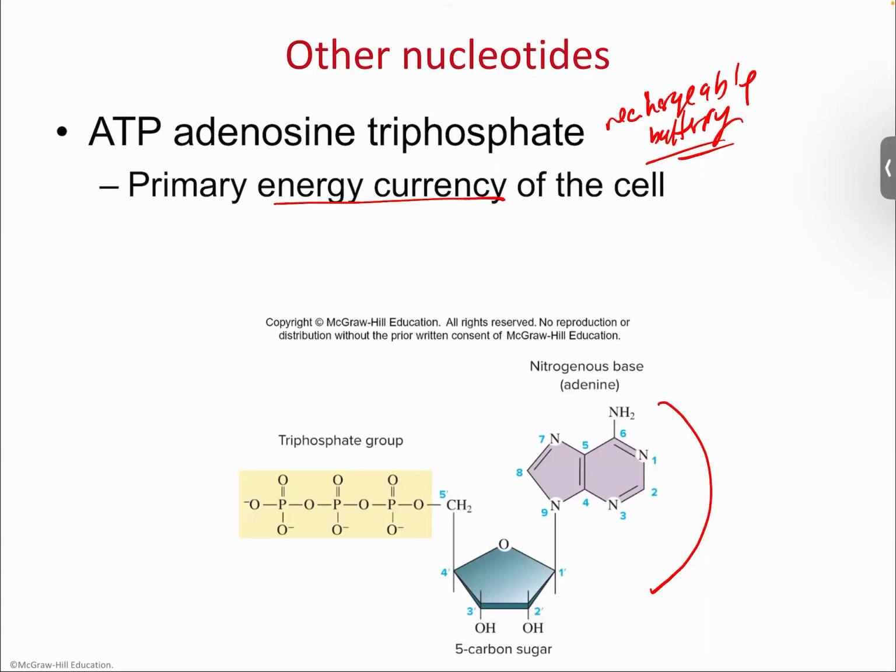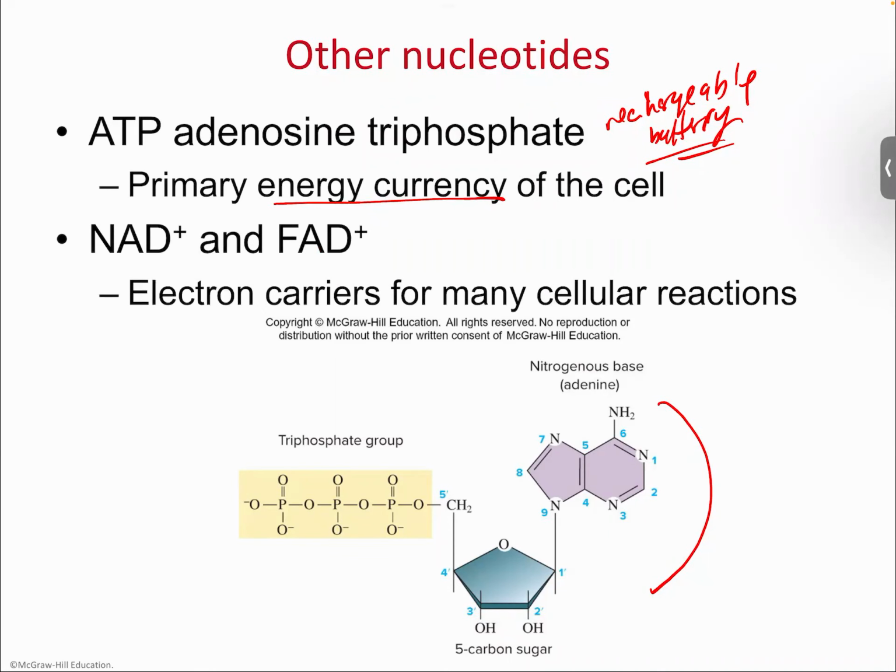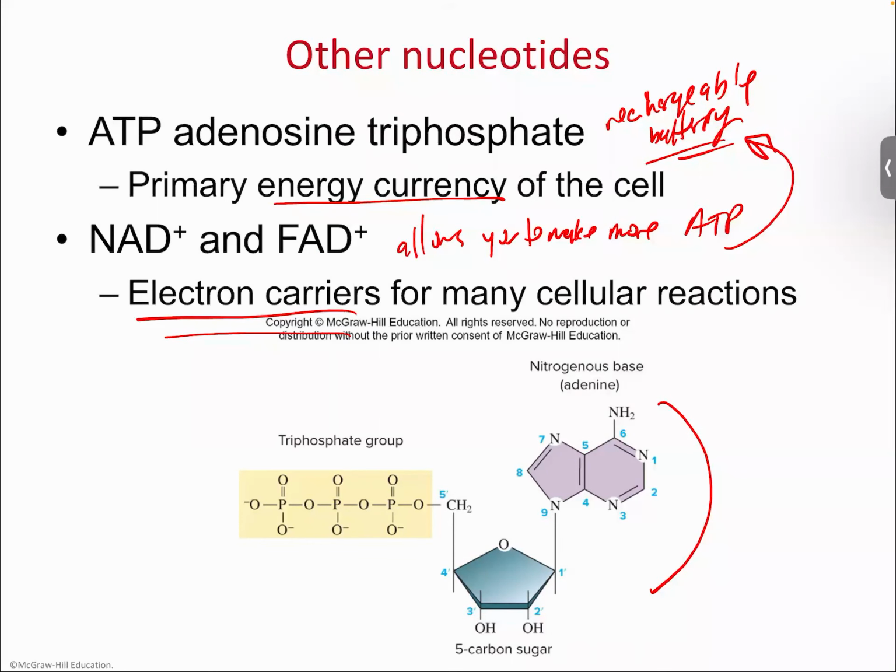If you don't have ATP, you're not going to have energy to do what you need to do as a cell. There are also others that are involved in metabolism. These are electron carriers that are carrying electrons in these redox reactions in metabolism that allow you to make more ATP. So you can see that even these nucleotides, NAD plus and FAD plus, are designed to allow you to make more ATP, which is your rechargeable battery.